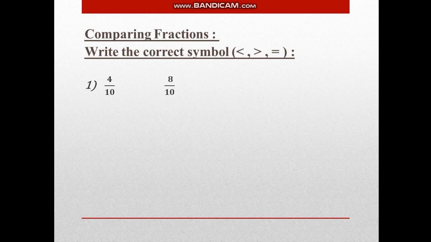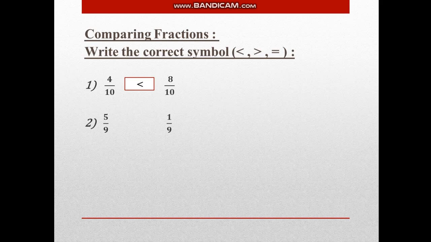I look at the denominator first. Do I have equal denominators? Yes. Then I look at the numerators. In the first fraction the numerator is 4 and in the second fraction it is 8. We know that 4 is smaller than 8, so I write 4 tenths is smaller than 8 tenths.